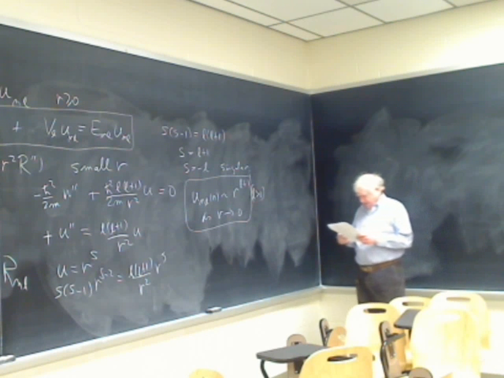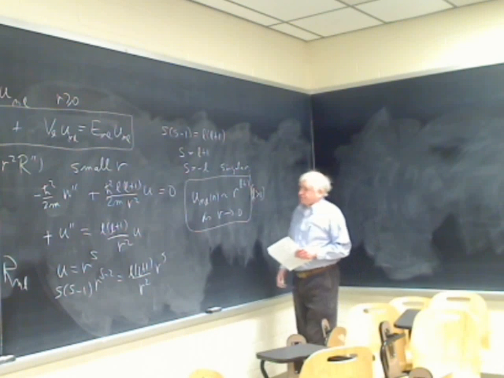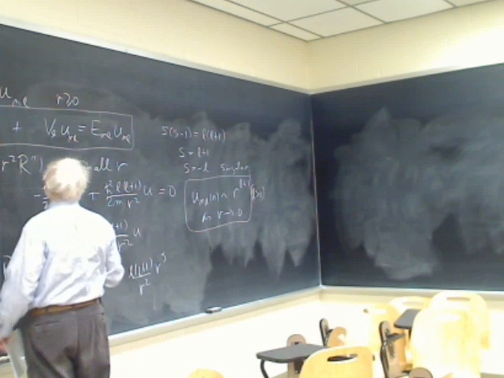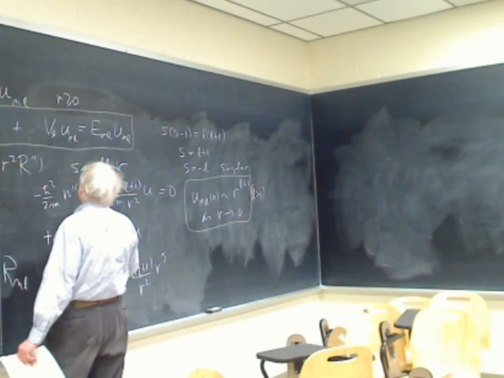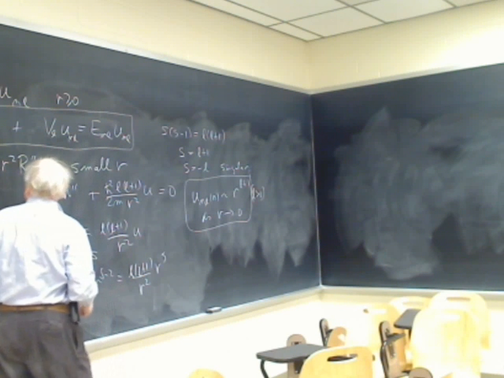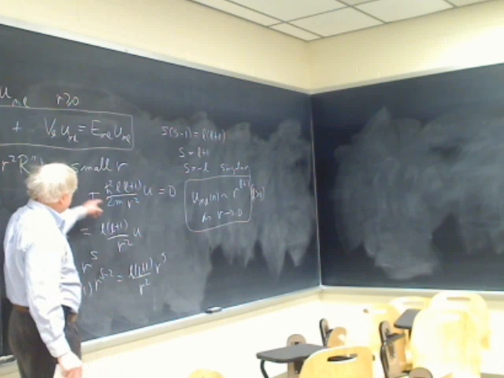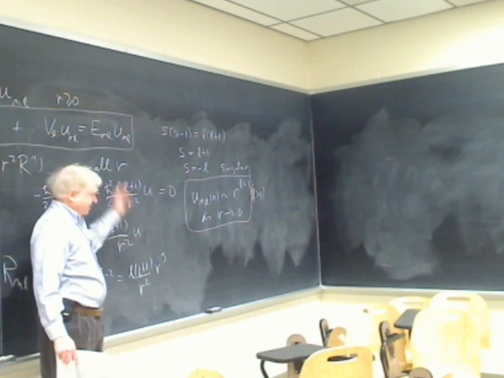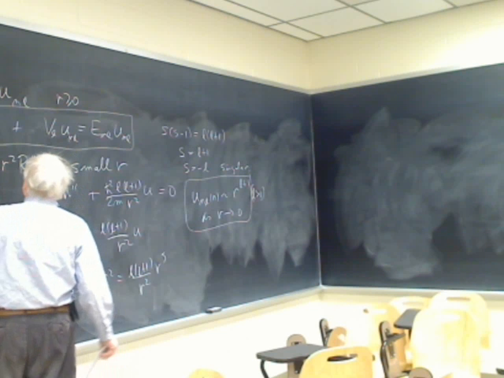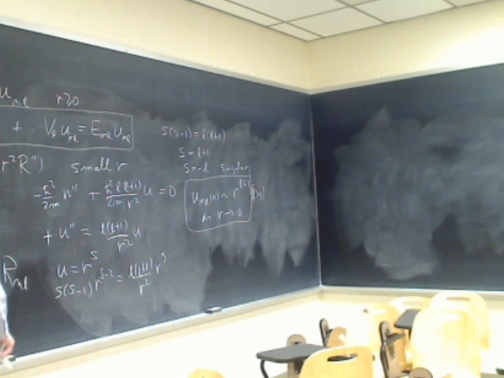Now, what about at large distances? Well, we have this equation, and at large distances, these terms are going to 0 quickly. This term goes to 0 as r goes to infinity as 1 over r squared. And moreover, the potential presumably falls off also.